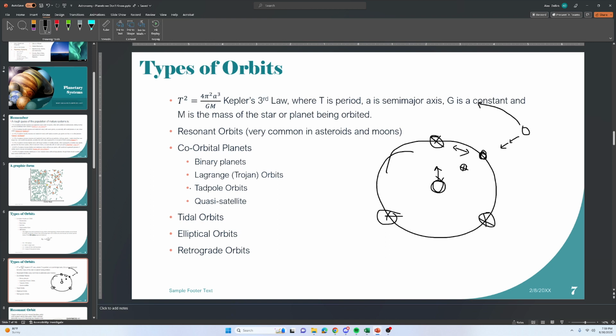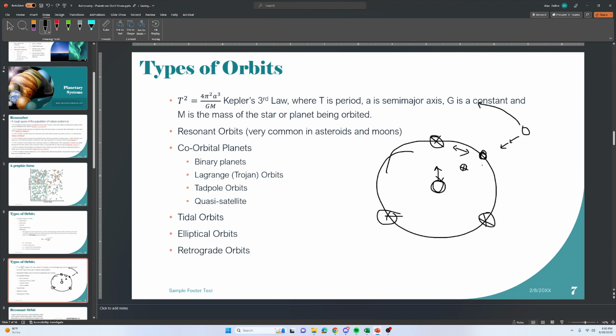Tadpole orbits I may go into at a different time. You can look these up. Tadpole orbits are kind of funky, where they kind of orbit like this or something like that because of, I forget.